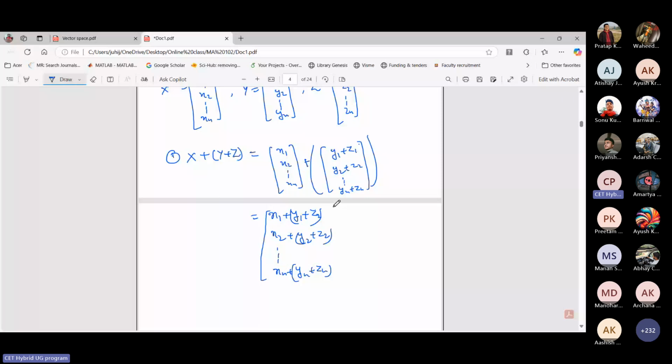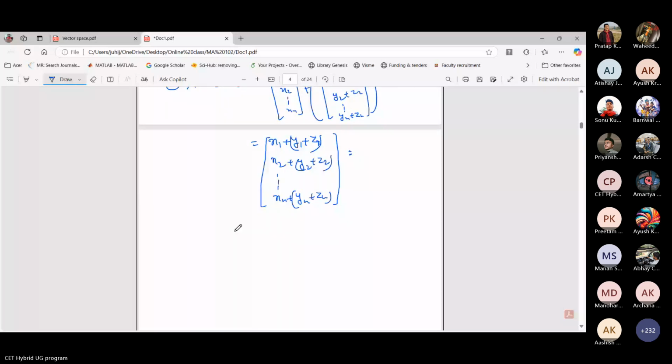Means x1 plus y1 plus z1 is equal to x1 plus y1 plus z1. Can I write this one as this one? Yes, ma'am. Associativity of real numbers we can utilize. This will be equal to x1 plus y1 plus z1, x2 plus y2 plus z2, xn plus yn plus zn.